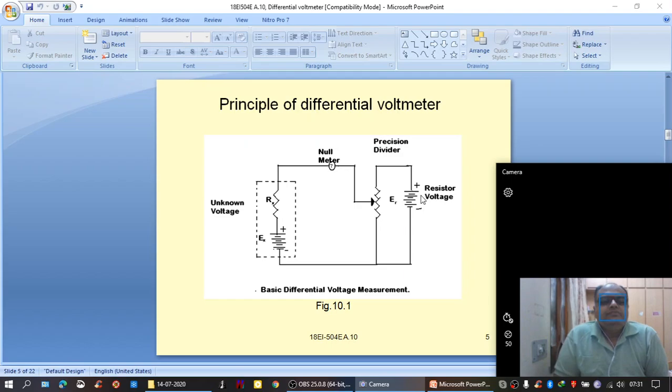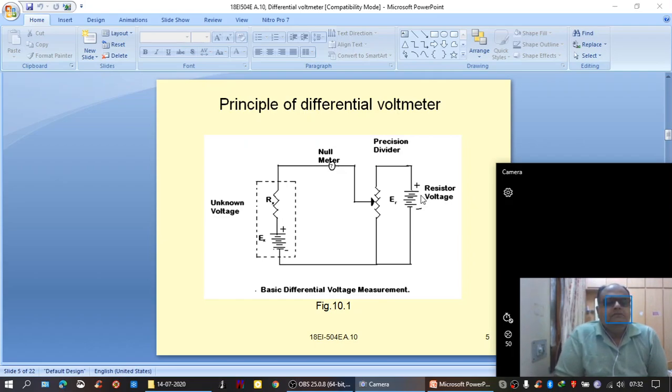The basic principle of the null indicating meter is that it will indicate the value which is the difference of its two inputs. Actually, its null value would be on the center of the scale. To the left side, the markings will be negative, and to the right side, the markings will be positive.